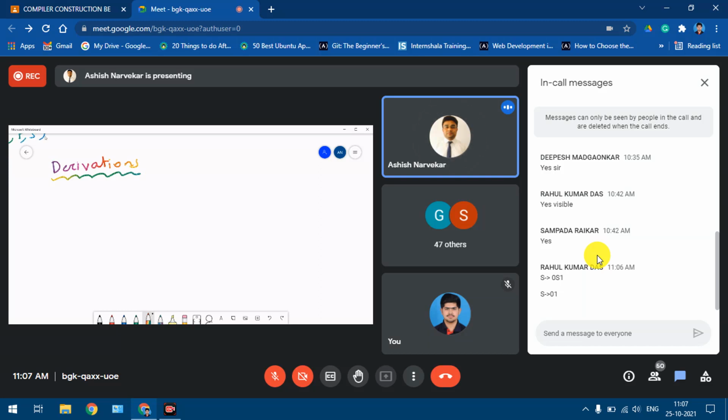Okay. So now derivation means something like, as I considered, S is a start symbol. When I say S is a start symbol, it will be the symbol on the left hand side of a production.